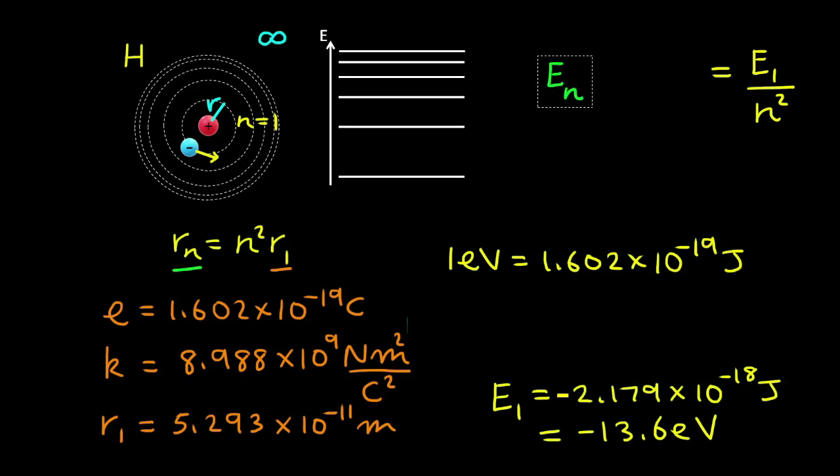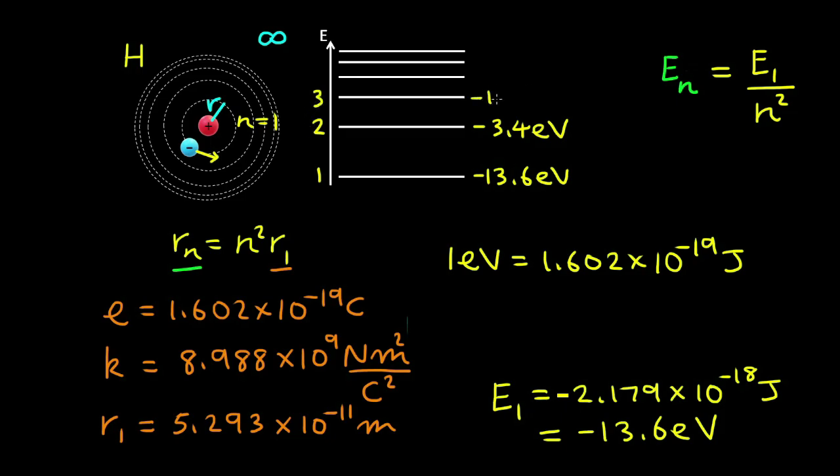So now using this expression, we have E1 is minus 13.6 electron volts, and the energy of the second orbit is E1 on n squared, which is 4. So that would give minus 3.4 electron volts. And E3 is minus 1.5 electron volts, and so on.